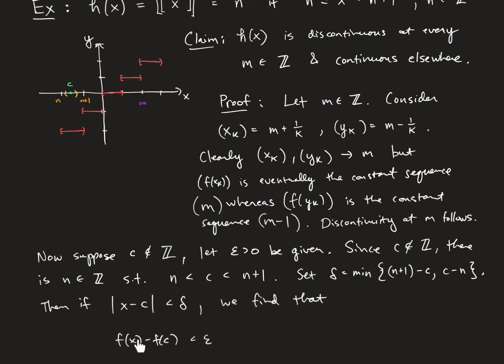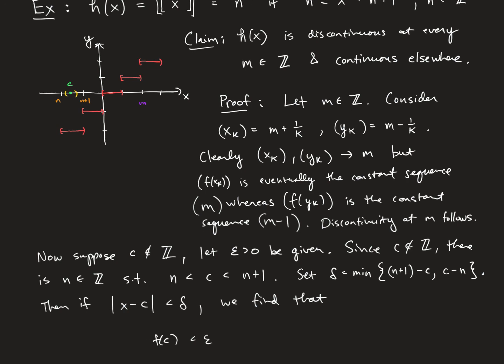But of course, we've set things up so that f of x and f of c have the same value. So what we want to say is just that f of x is between n and n plus 1, so the value of f of x is identical to the value of f of c, that they're both just equal to this n here.